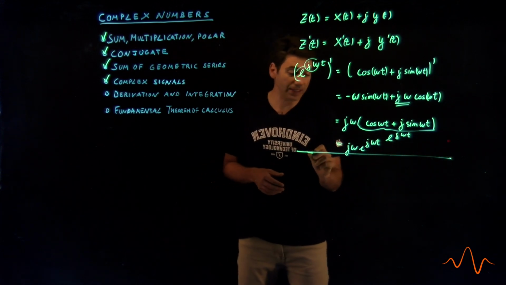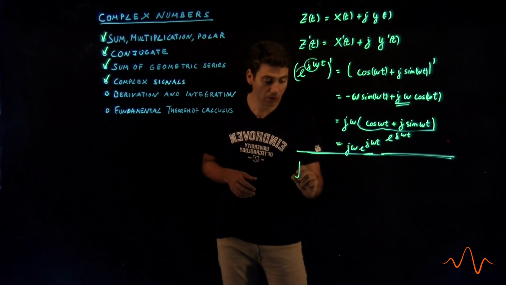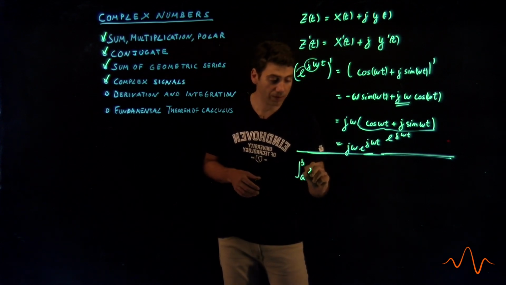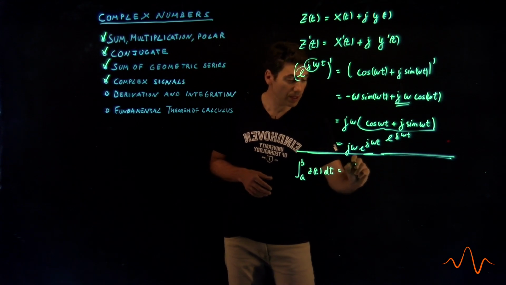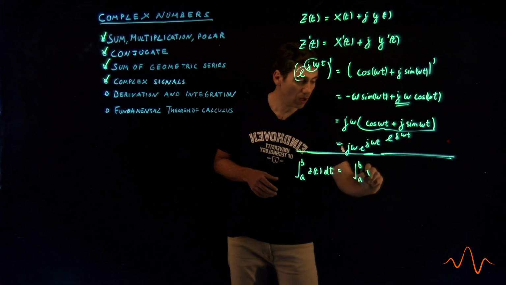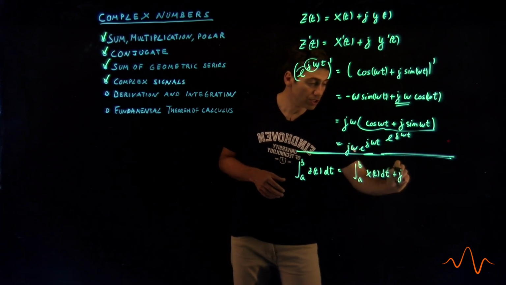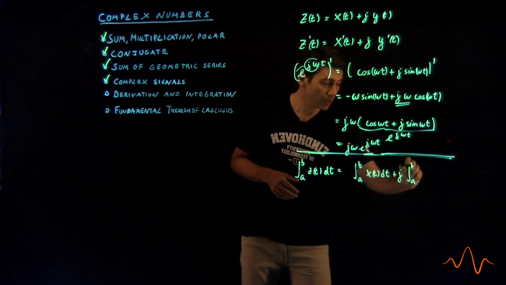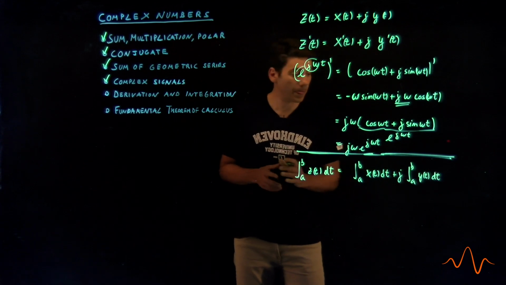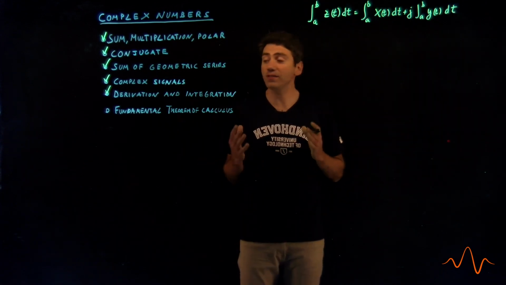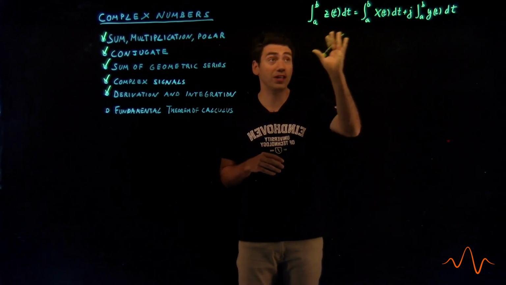We can also define the integral of a complex signal, the integral from a to b of z of t dt, to be the integral from a to b of the real part plus j, the integral from a to b of the imaginary part. Now, we have just seen the definition of the integral of a complex function.